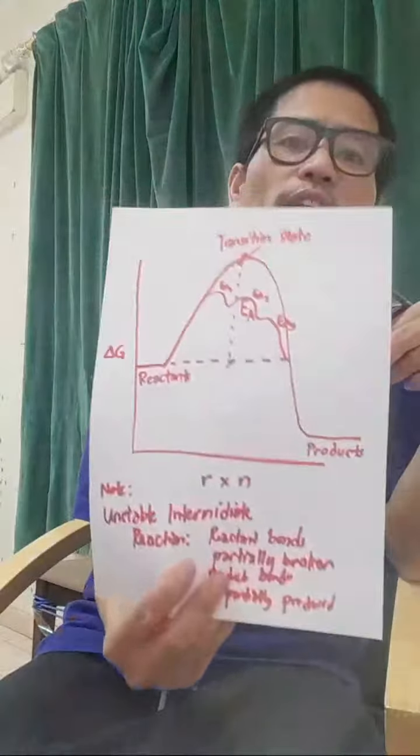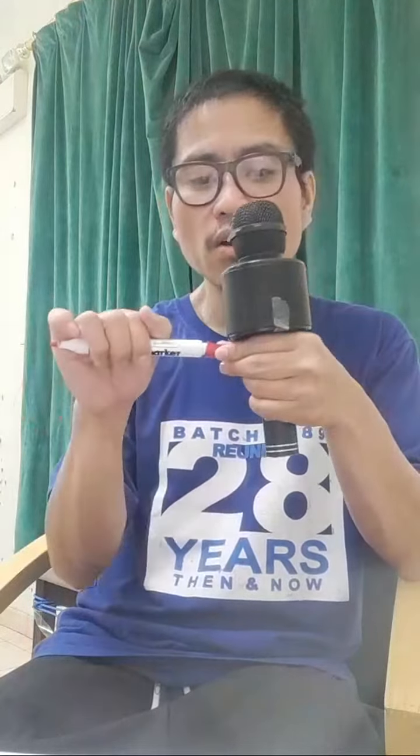So it's very clear, right, in transition state theory. Any questions so far? And we also need to add that delta G and delta H are always negative in this chemical reaction that favors the product side.